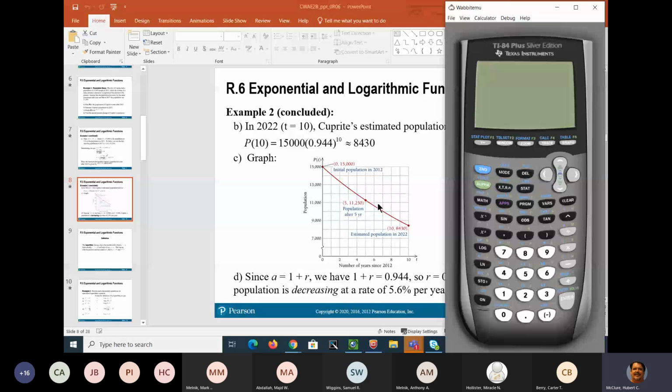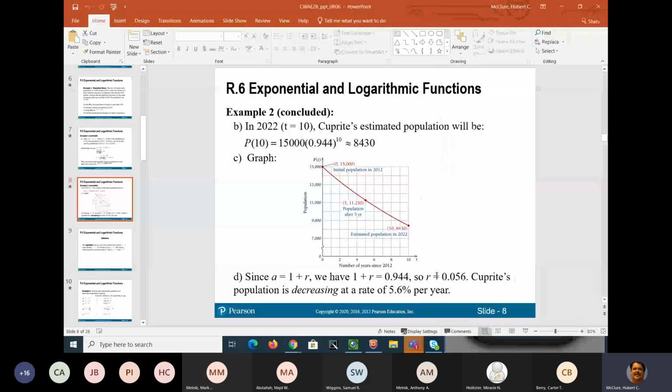You would graph this function right here, but you would leave x. The 10 right there would be to the x power. And it basically is going like this. And they want to know the rate, r, from this point to this point. Population is decreasing at a rate of 5.6 percent or 0.056. Write that down, 0.056.